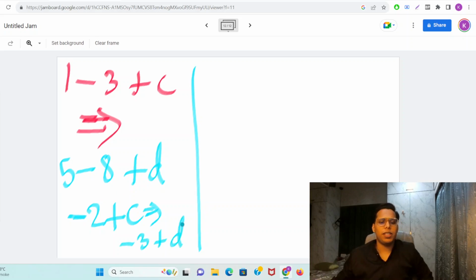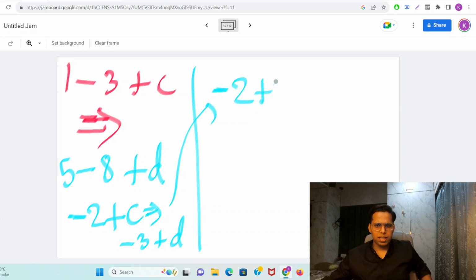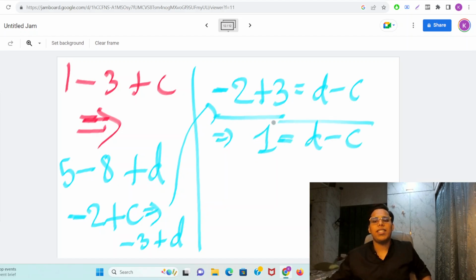Which is nothing but minus 2 plus 3 should be equal to d minus c. Minus 2 plus 3 is what, guys? It is 1. 1 should be equal to d minus c.